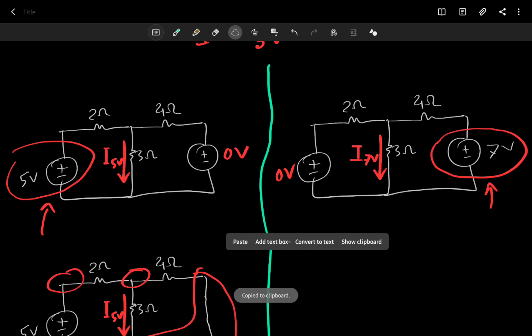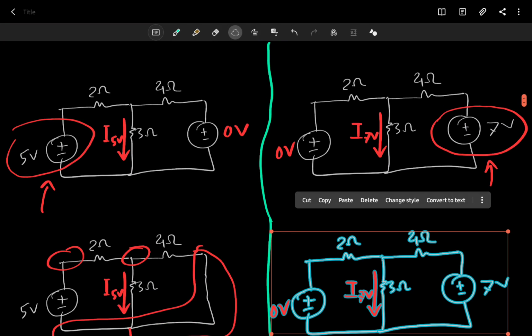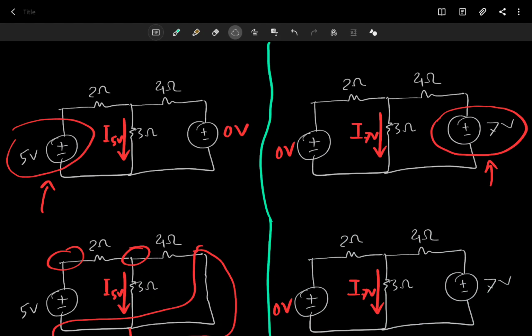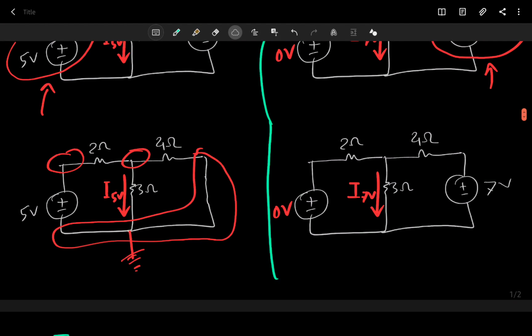Copy and paste. Okay, so again, here we have this box, and the 0-volt voltage source inside is equivalent to just a piece of wire. If you remember, it is equivalent to a short circuit connection.